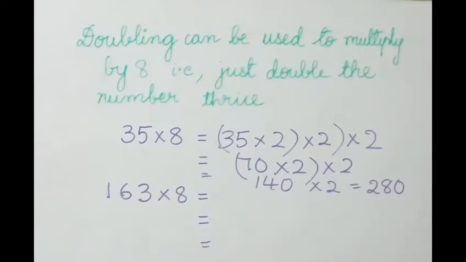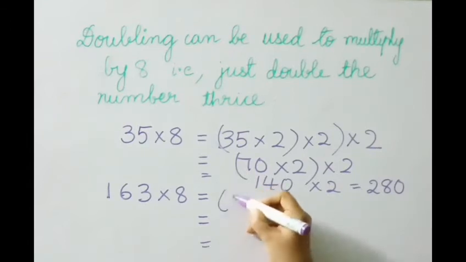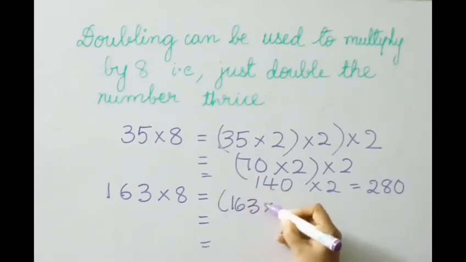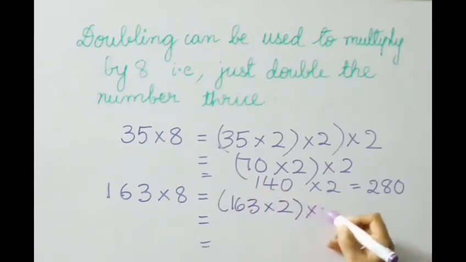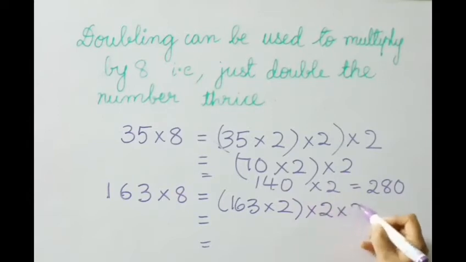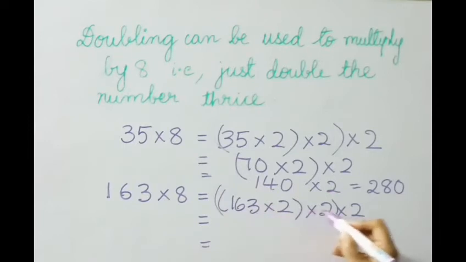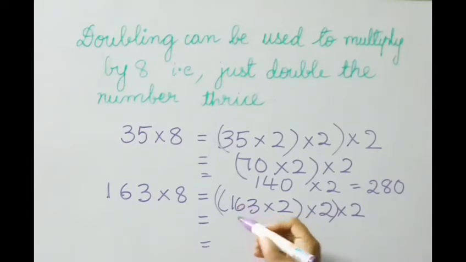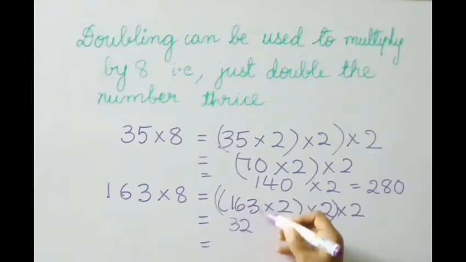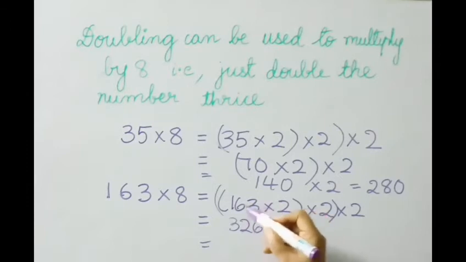163 multiplied by 8. That is, double 163 thrice. So first 163 multiplied by 2. 16 double how much? 32. 3 double 6. So 163 multiplied by 2 is 326.